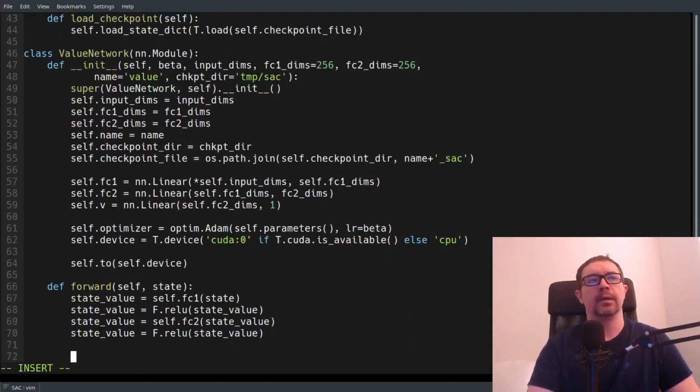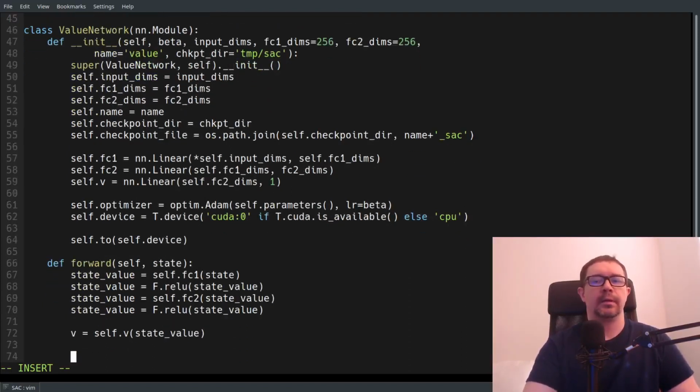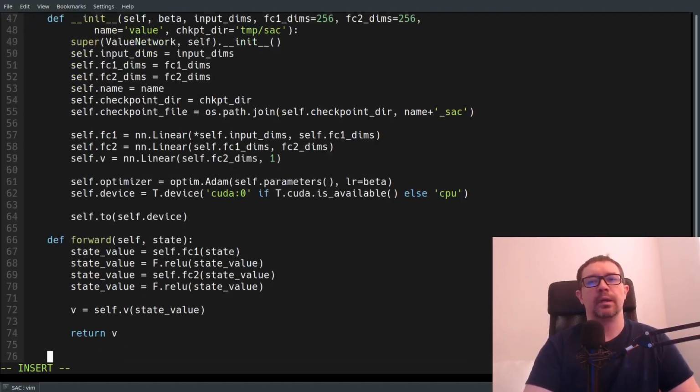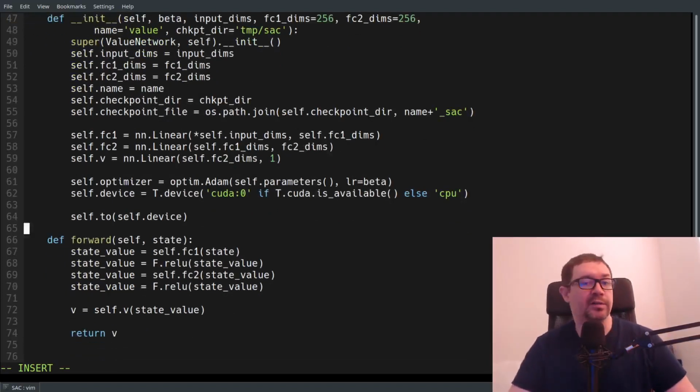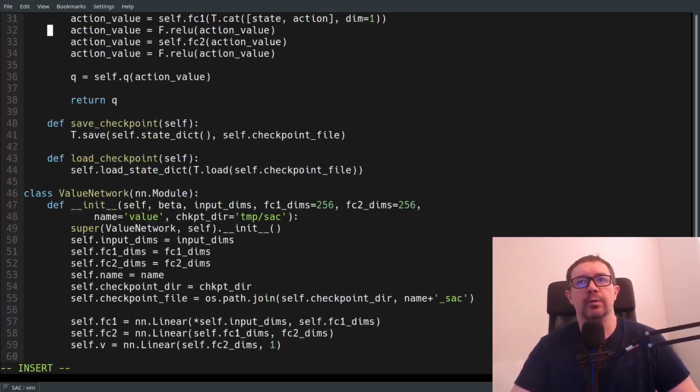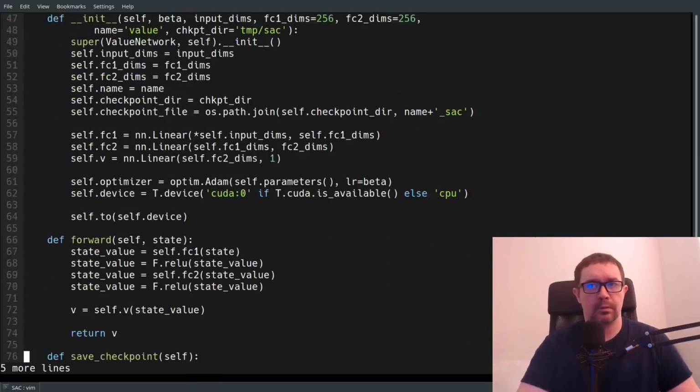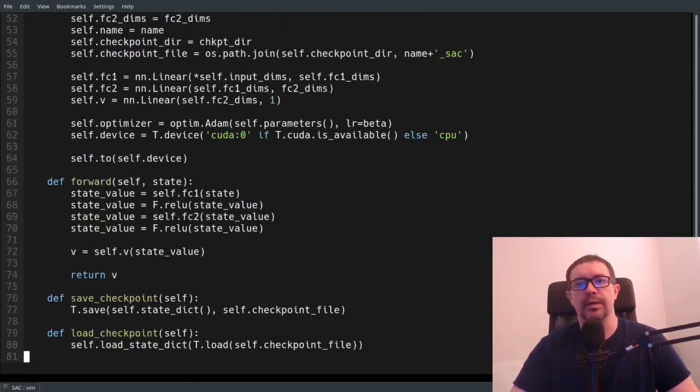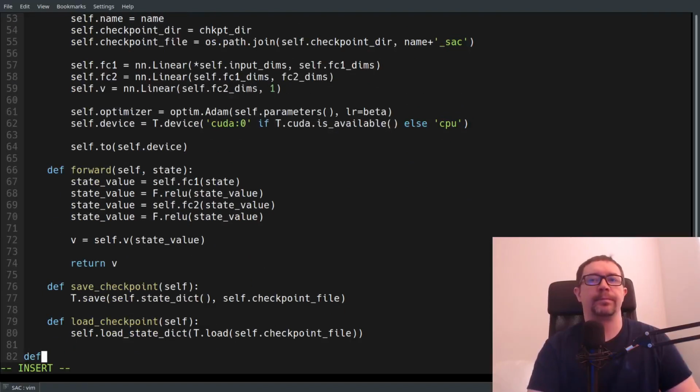Activate it again. Get our output and return it. And then we also want save and load checkpoint functions. I am going to copy and paste those because that is just significantly easier.